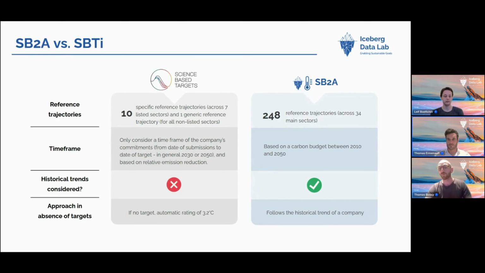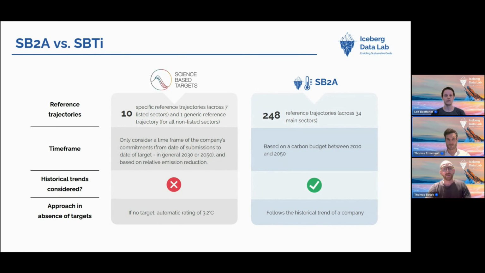On the opposite, because the SB2A is based on the carbon budget between 2010 and 2050, we consider historical emissions from 2010 in the indicator of SB2A. So we consider the historical trend while SBTi does not.